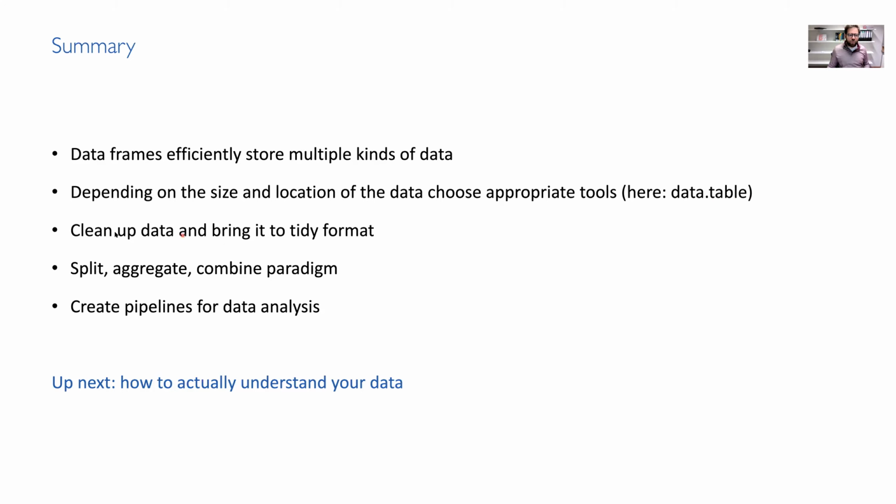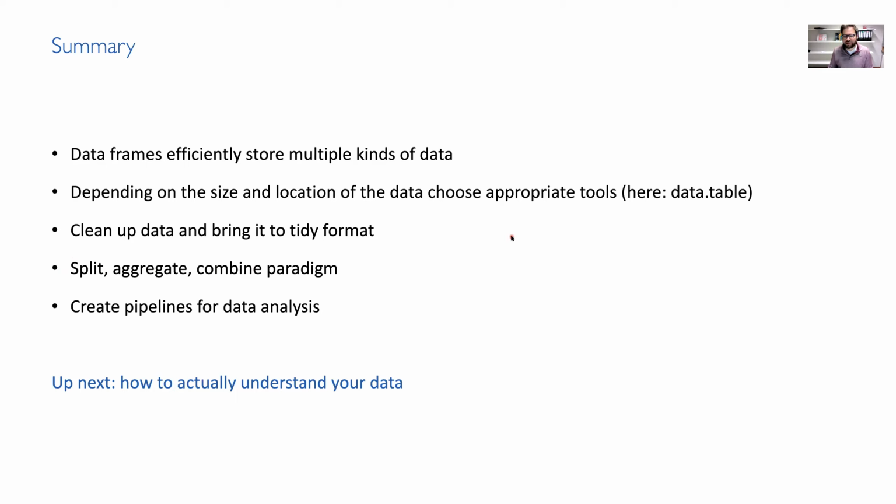And once you've done that, we have this split, aggregate, combine paradigm where you group your data by different conditions, by basically any condition you want. And then for each group, you extract the corresponding rows of the data table and perform operations on this, for example, to perform summaries on these rows.